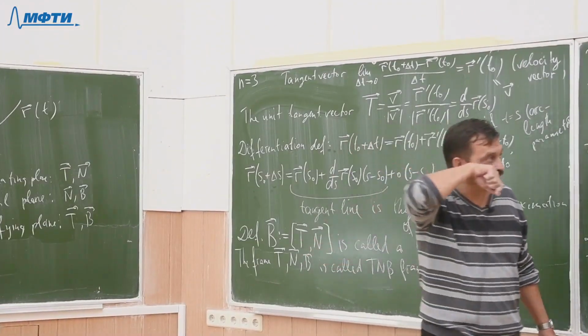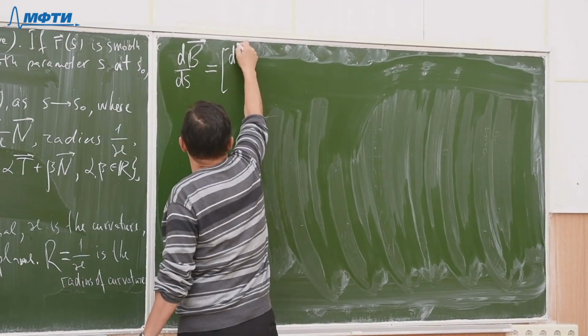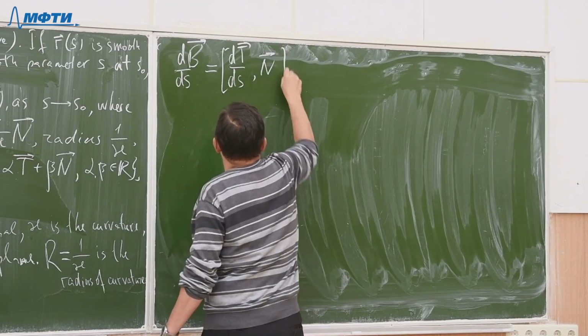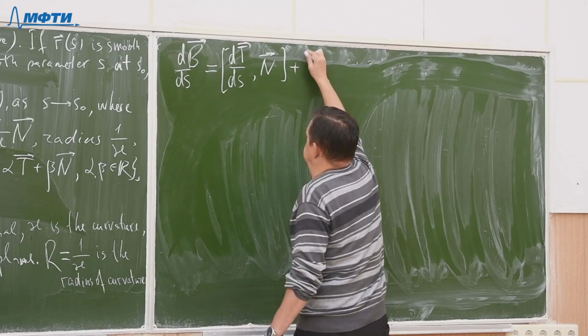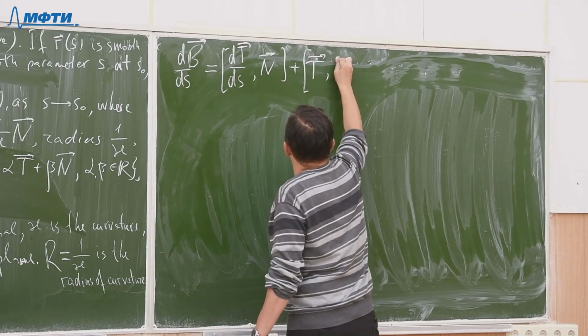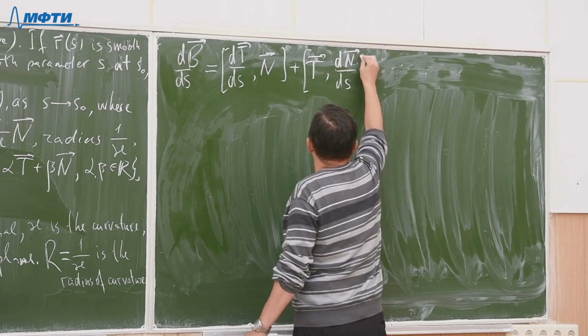We know how to differentiate a vector product: we differentiate the first, dt over ds times n, plus t times dn over ds.